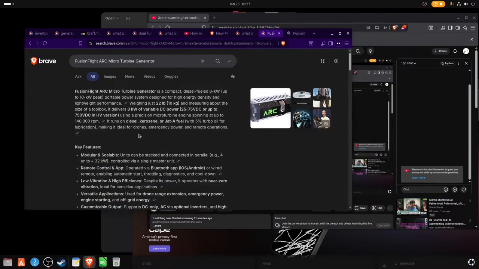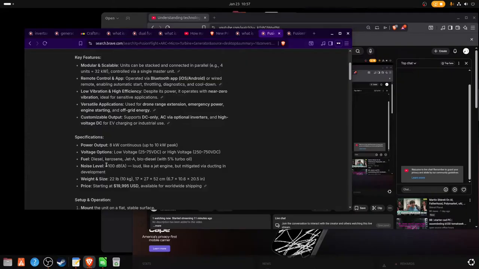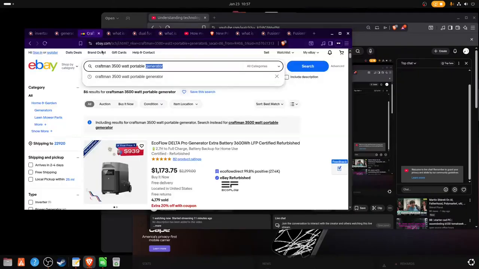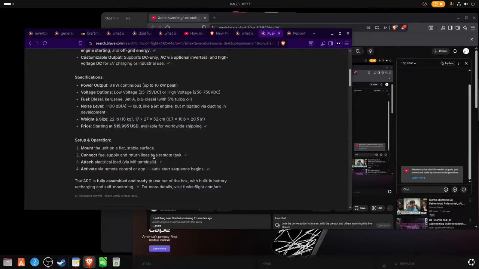That's so small. Runs on diesel, kerosene, or jet fuel. 8 kilowatt. Kilowatt sounds like a lot to me. Why does that sound like a lot? What's the other one we were looking at? 3,500 watt, but a kilowatt is 1,000 watts, so it's 8,000. That's bigger than that. What?